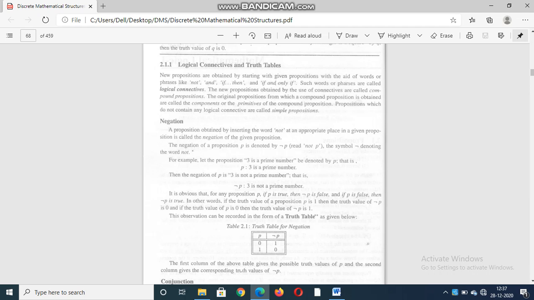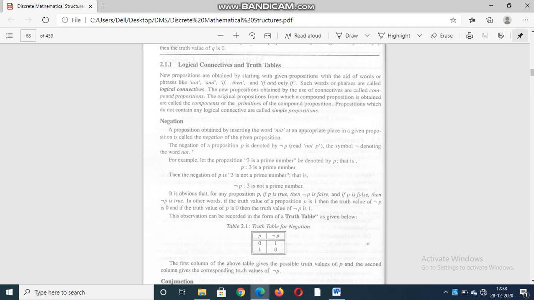In the sense, if you add a not before the letter, we call it a negation. The negation symbol comes like this, and we read it as not P. So not P is the negation of P.